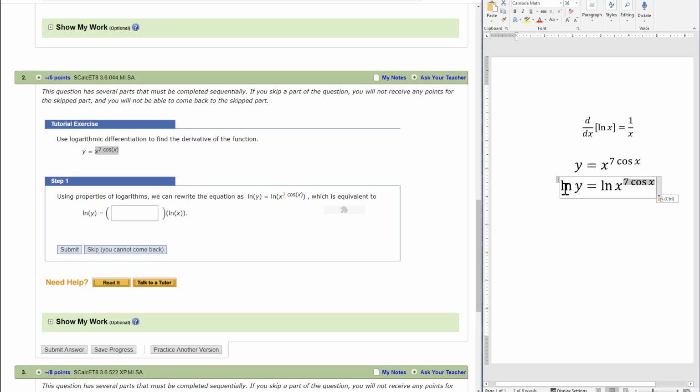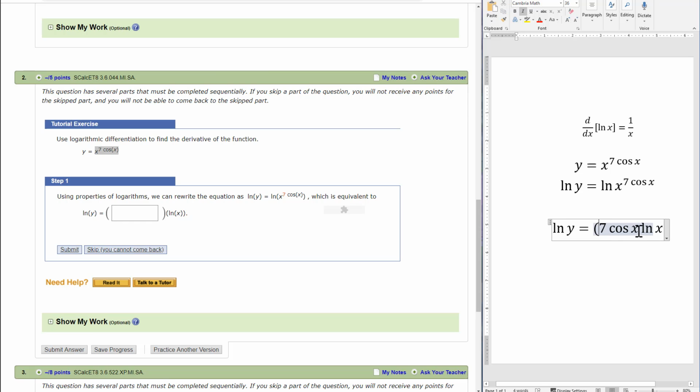Now one of the rules that we have for this is, if we're taking the ln of something to a power, we can take the exponent and move it in front as a coefficient, so that the power comes down. That is an important property of a logarithm. So what do we have left here?